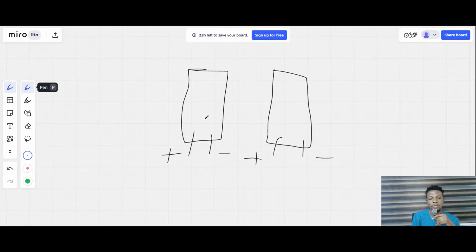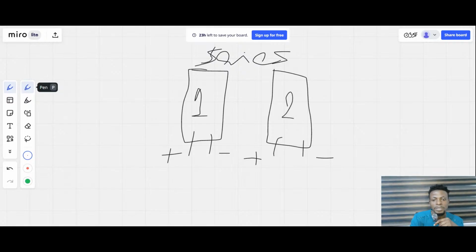Okay, so now to connect in series, all you have to do is to connect unlike terminals. What do I mean by unlike terminals? You have the positive terminal here, you have the negative terminal of the panel here. This is panel 1, and this is panel 2.